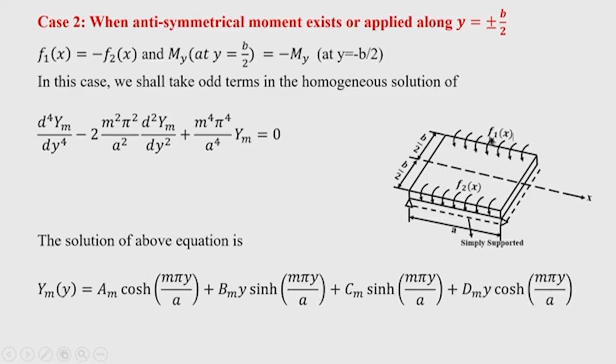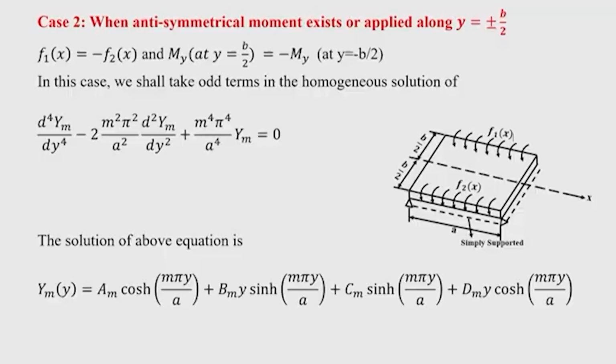Now, since the moments are antisymmetric, we need to drop the b m and a m coefficients. Okay. From physical reasoning, the deflection of the plate should contain the antisymmetric terms, that means the plate will deflect in an antisymmetric manner.